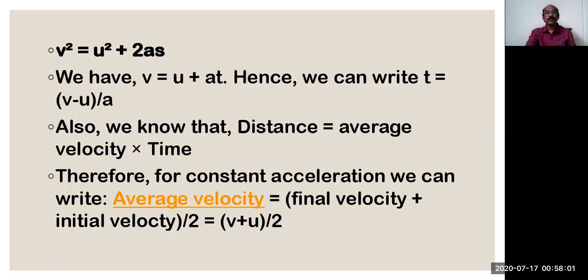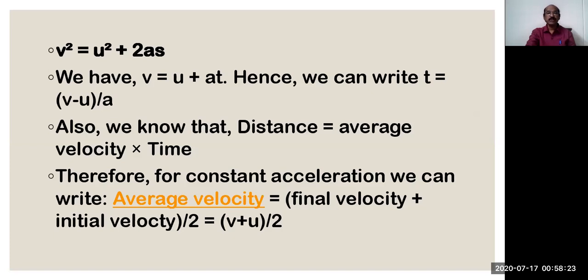Now, another equation of motion is v square equal to u square plus 2as, or v square minus u square equal to 2as. We know that v equal to u plus at, so we can write t is equal to v minus u by a.